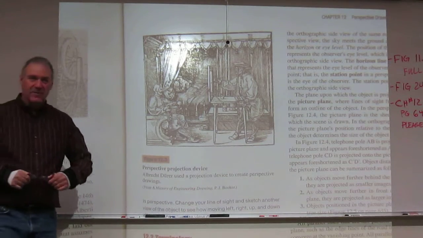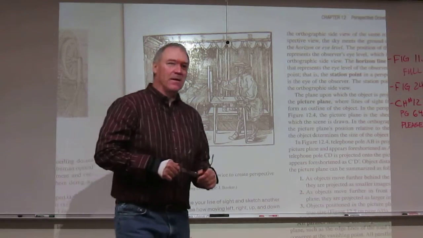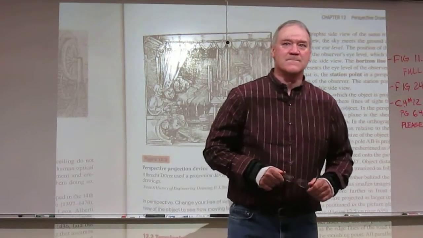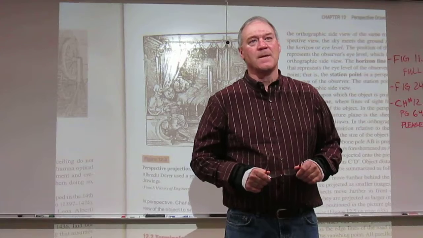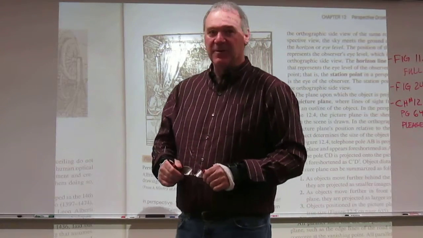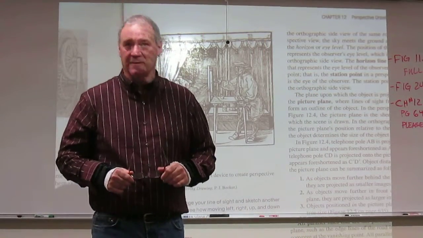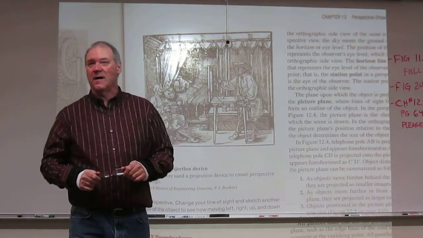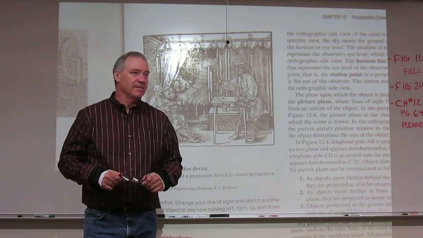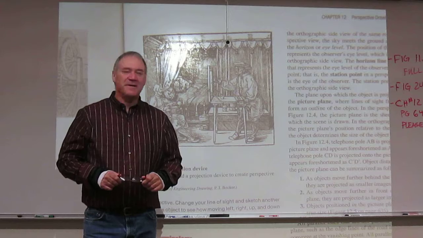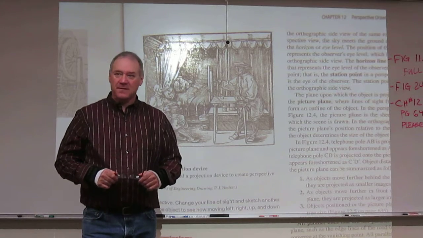What's the ground line represent? GL. Does anybody know that one? Where the object sits. Yes. The ground line represents the surface of the Earth. Okay, where the object sits. Now, we don't really see that in the resulting view.